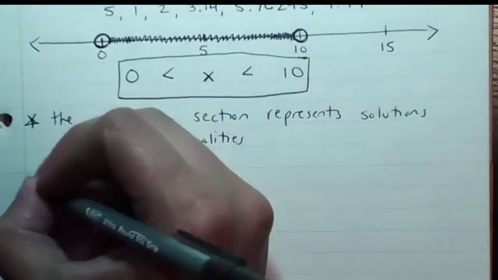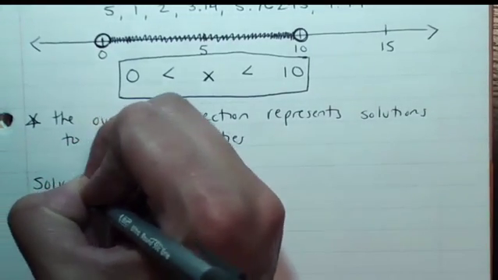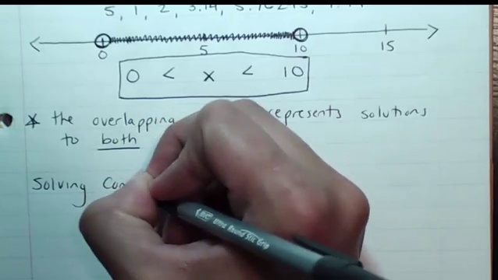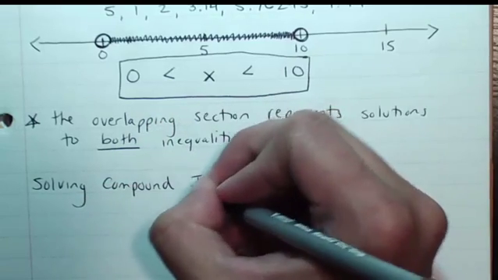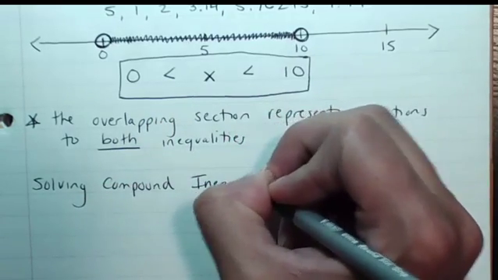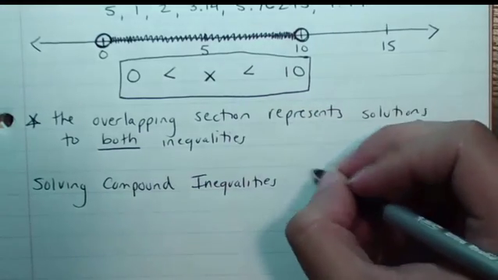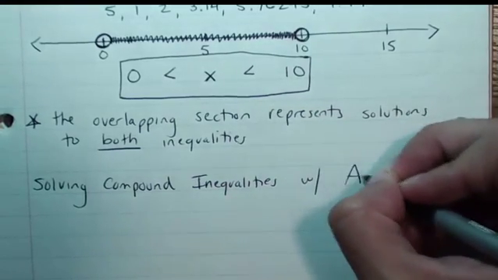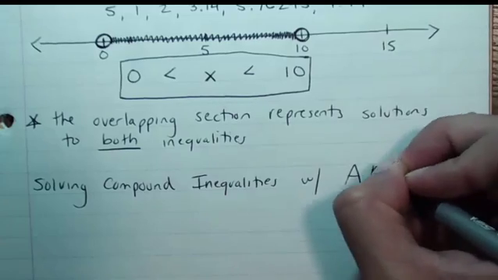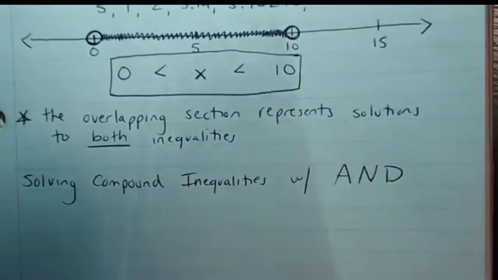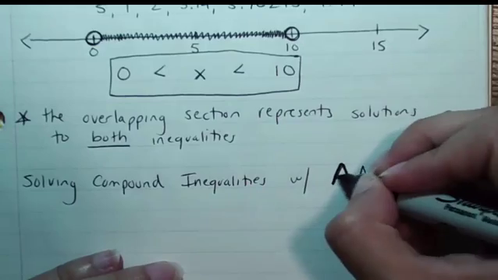So to start out with, we are solving these compound inequalities with the word and. Write this really big, or in bold if you have a permanent marker: and.